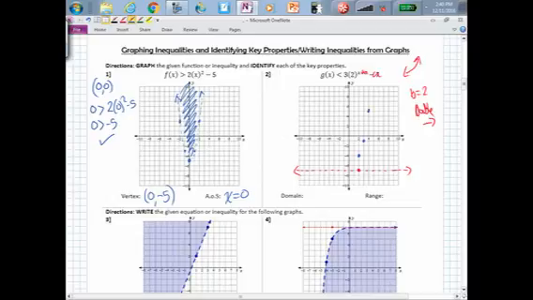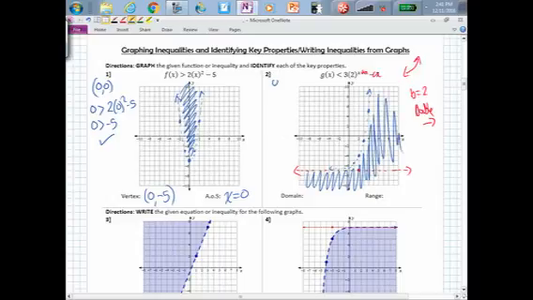If I go to the left, this is 3. If I get doubled each time when I go this way, then I get halved as I go to the left. So that means 3 becomes 1.5, etc. This is a dashed line. So I know that it's going to go like this somehow. It's less than, which means I should shade beneath.